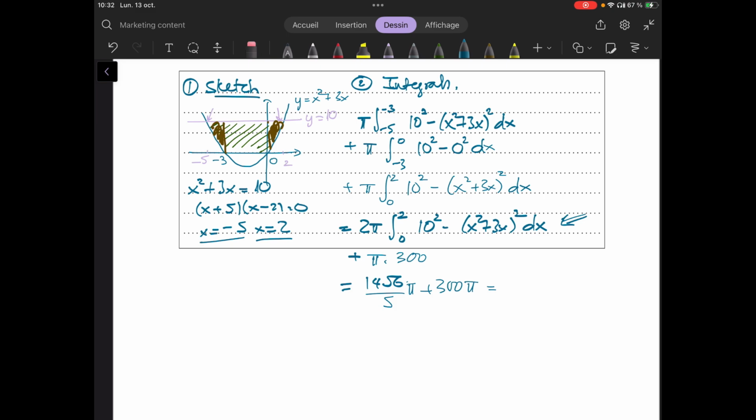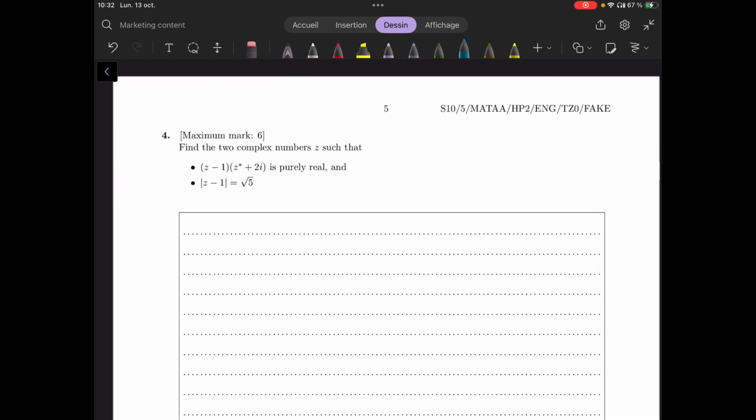So the final answer will be 2956 pi divided by 5. This is the end of question 3.